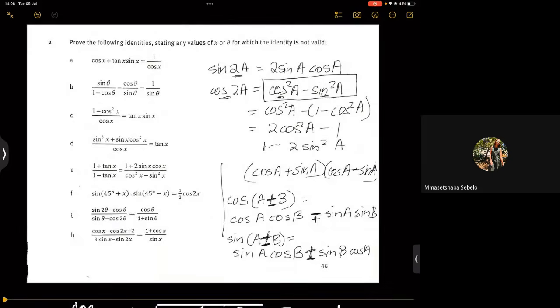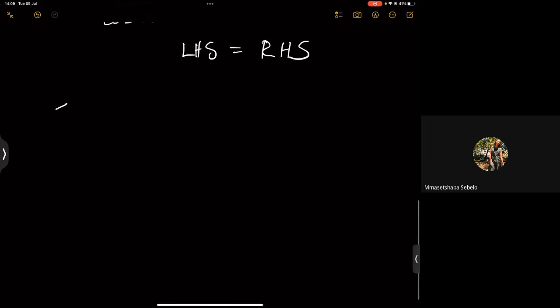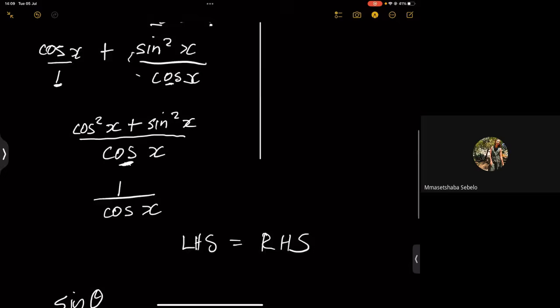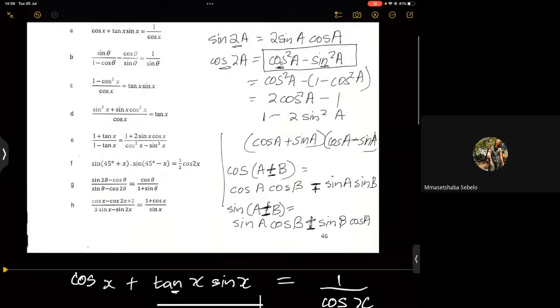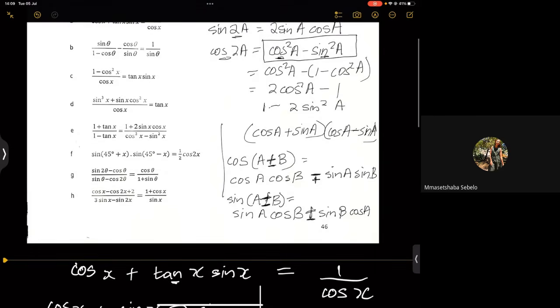Right. So let's take the second one. Okay, so we've got sine theta over 1 minus cos theta, and we have minus cos theta over sine of theta.